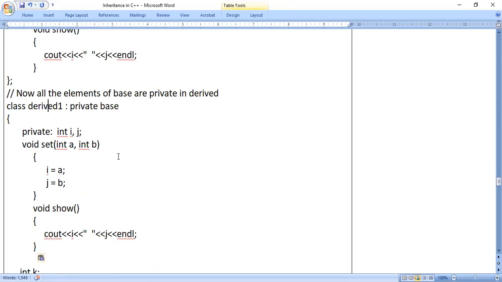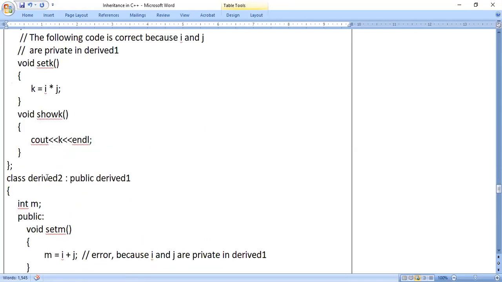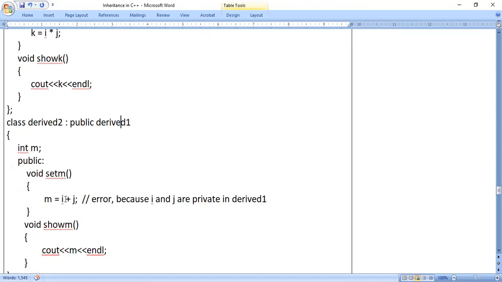Now, if you try to inherit further from derived one, what happens is, we are trying to access I and J. These two variables are actually the variables of the original base class A. We are trying to access them in derived 2, that is class C. Error, because I and J are private in derived 1.